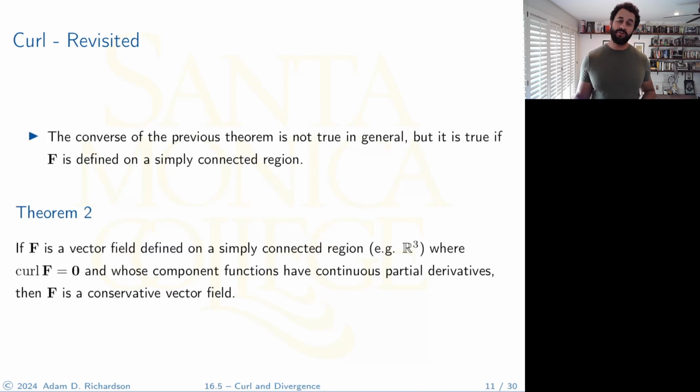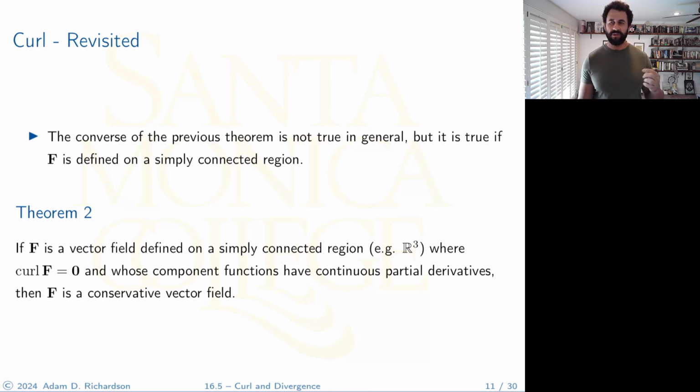Now, kind of like before, the converse of this is not generally true, but it is true on simply connected regions. And so this is kind of the big theorem right here. If F is a vector field defined on a simply connected region, for example, R3, where the curl of F is 0, and whose component functions have continuous partial derivatives, then F is a conservative vector field.